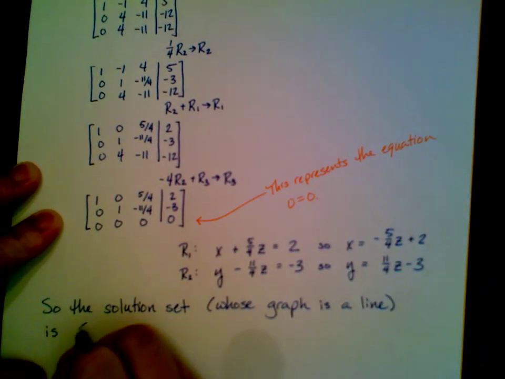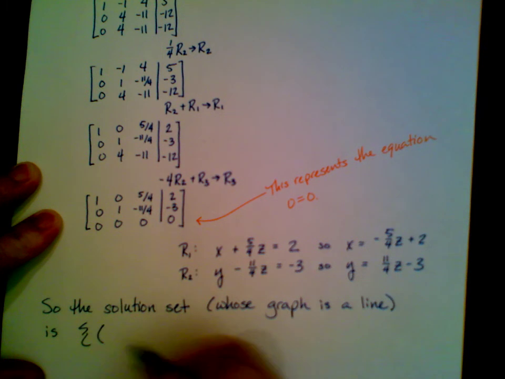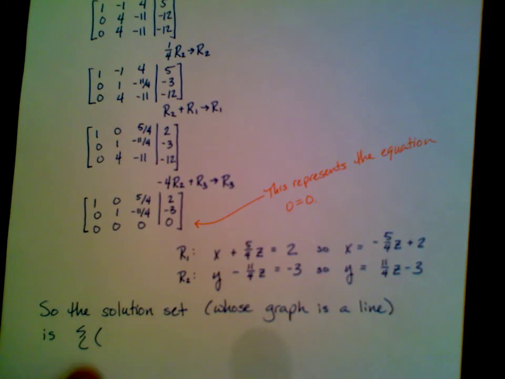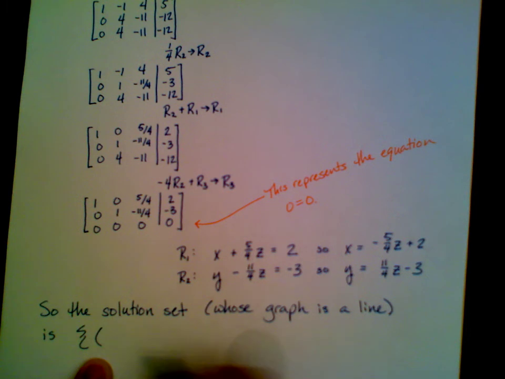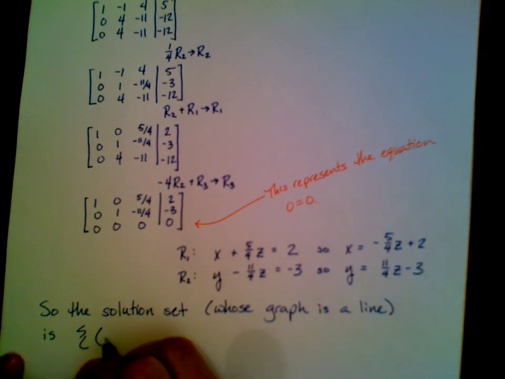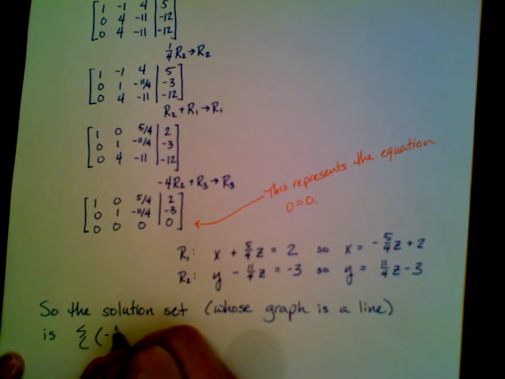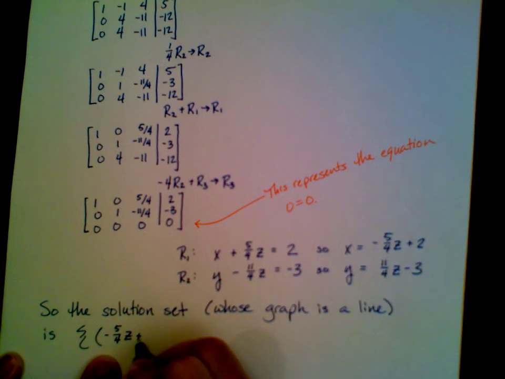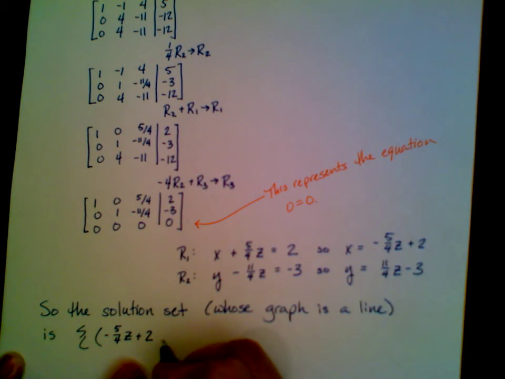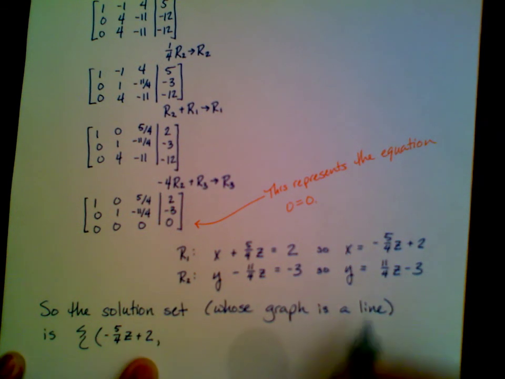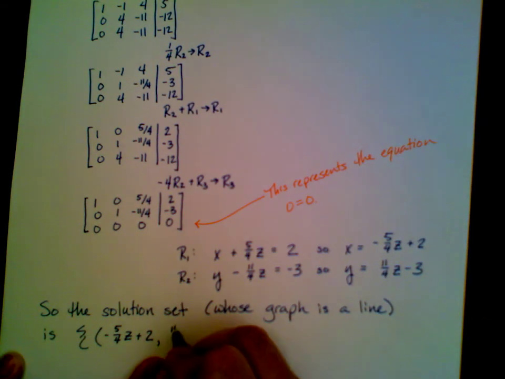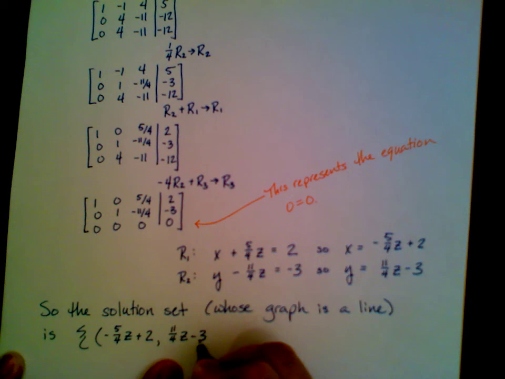is the set. So remember how our set builder notation goes. I can write what's in the set here. So it's the set of all points. The x-coordinate has to be equal to -5/4 z plus 2. The y-coordinate has to be equal to 11/4 z minus 3.